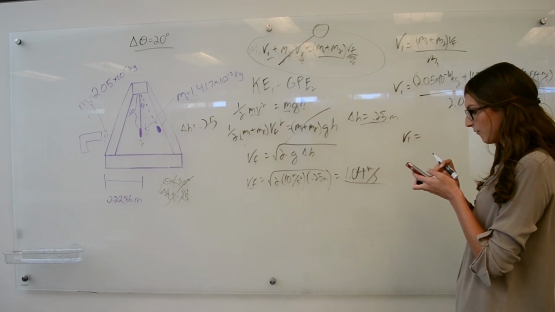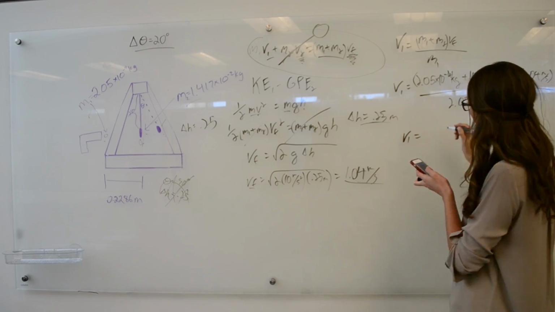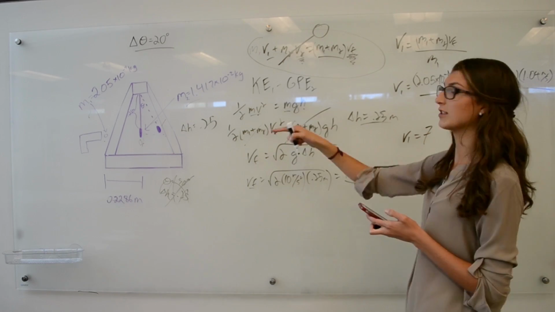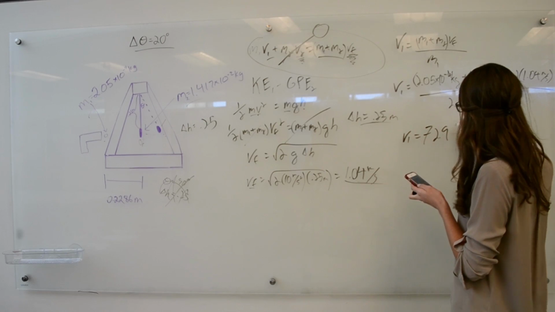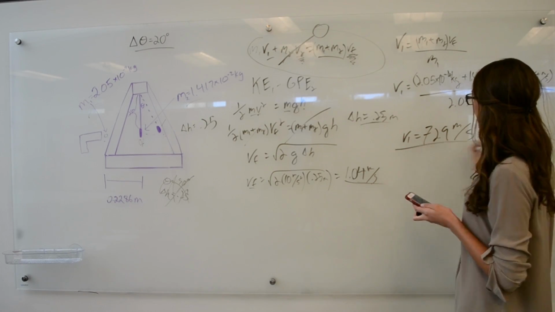And if we calculate that, we get that the initial velocity of the bullet is equal to 72.9 meters per second.